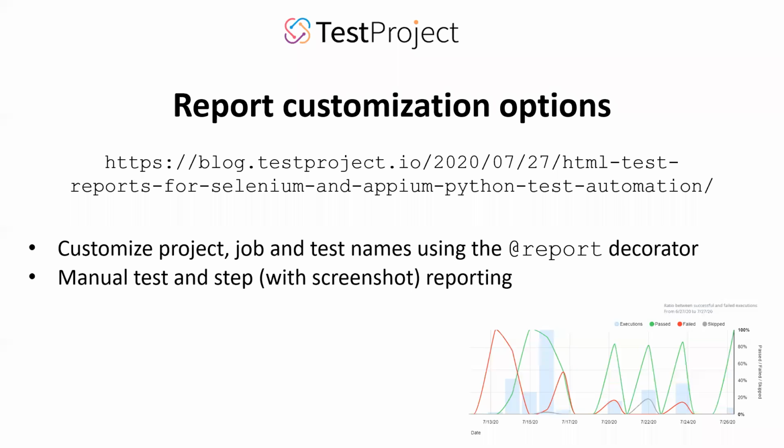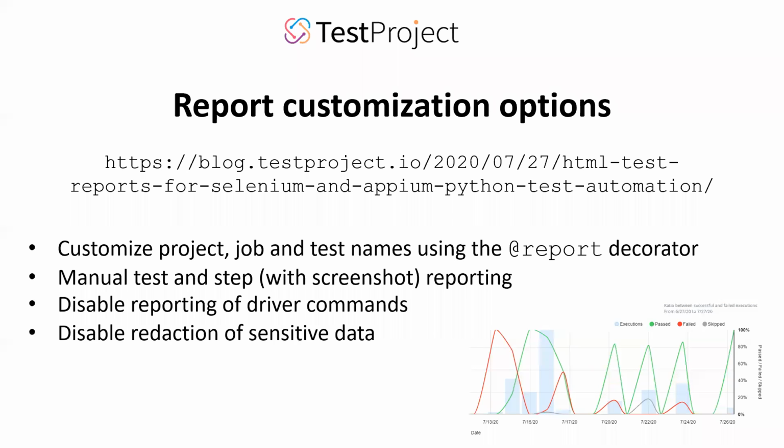And be careful, if you report tests manually, to disable the automatic test reporting. Otherwise, as you saw, your reports are going to look a bit funny. I can disable the reporting of driver commands and re-enable them later on whenever I want. And I can disable and re-enable the redaction of sensitive data, so replacing your passwords with those asterisks.